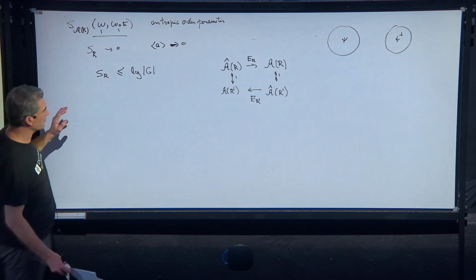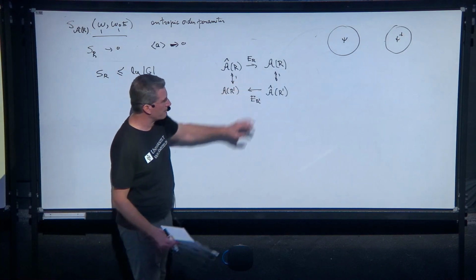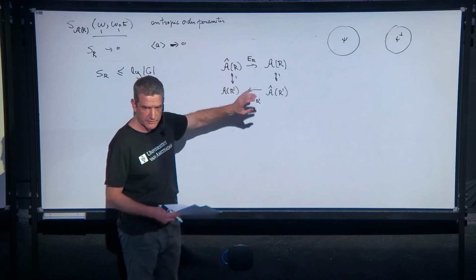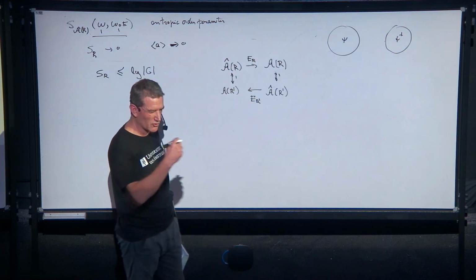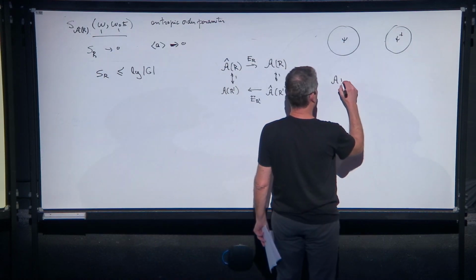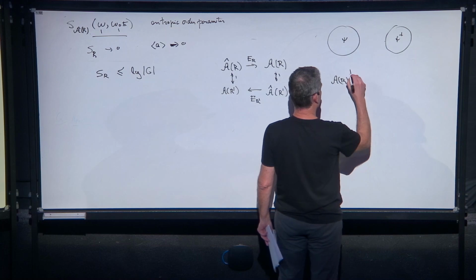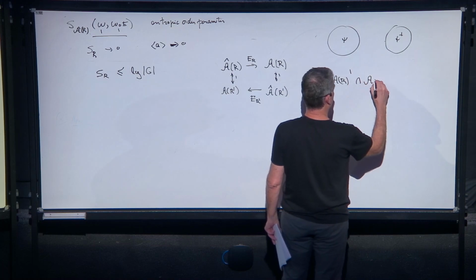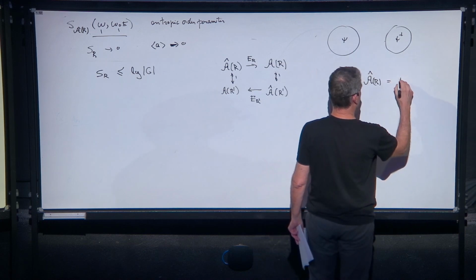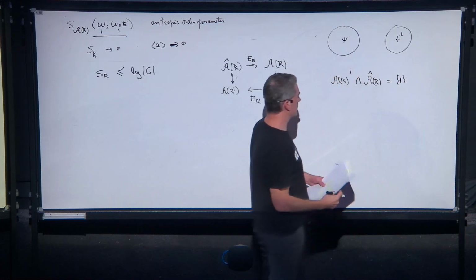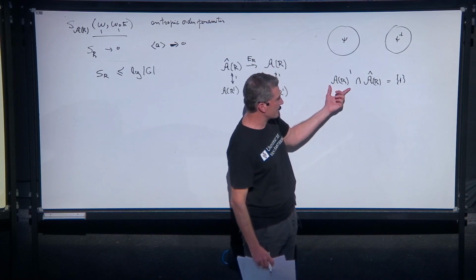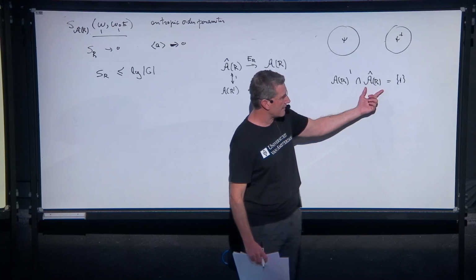One thing I want to mention is that in quantum field theory, because the algebras are factors, they don't have center, and also you have that AR prime intersection AR hat is equal to the identity. This is called the relative commutant, the commutant of the smaller algebra inside R is the identity.